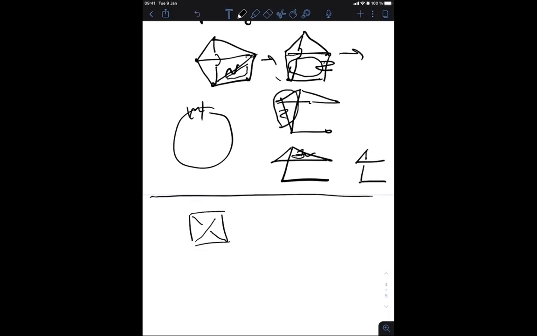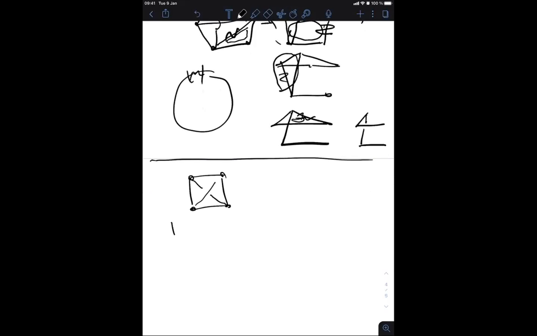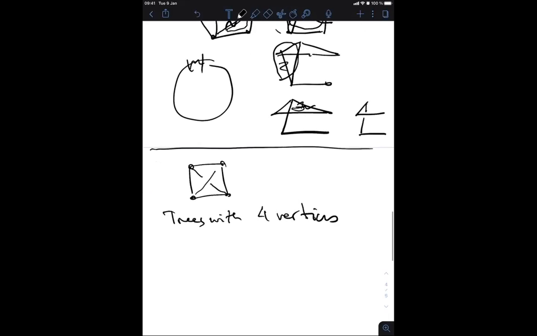So if we think about possible types of trees, so trees with 4 vertices, how many different types are there? We can have a path, and there is just one other type, which is a bush like this.